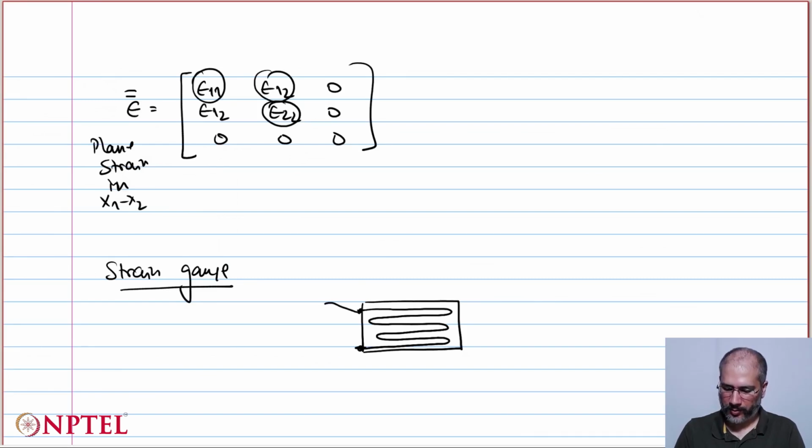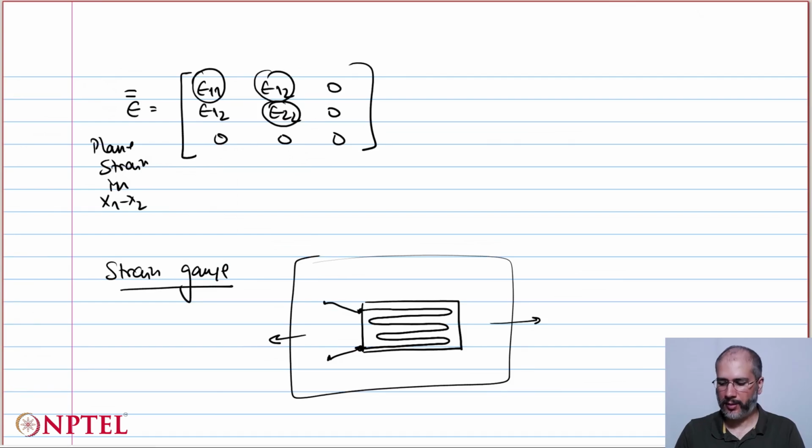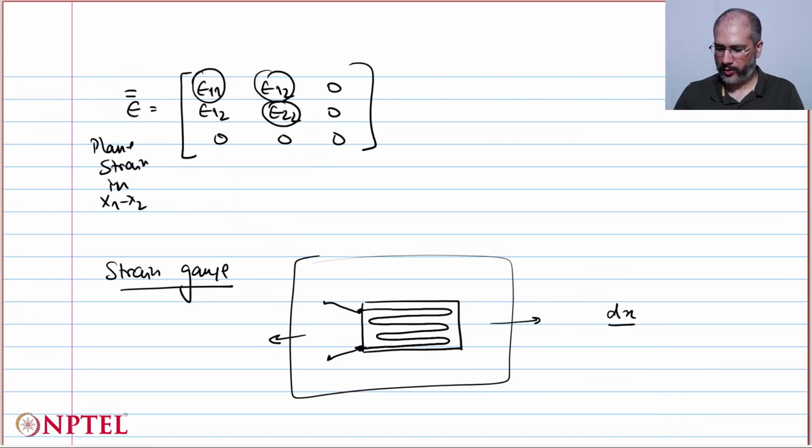So we connect this to some circuit where the resistance of the wire can be measured very accurately, and as you stick it to a physical body, it measures the longitudinal strain, that is d small x minus d capital X upon d capital X, through the change in resistance of the wire.